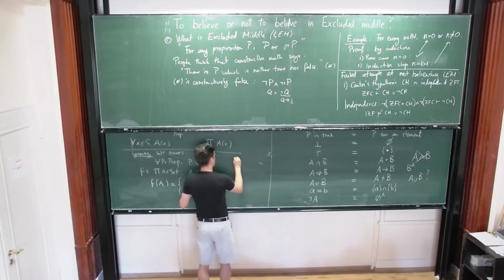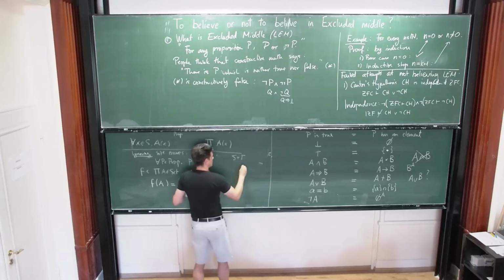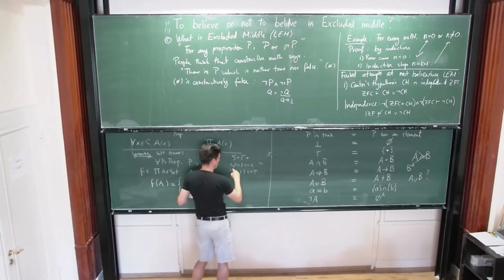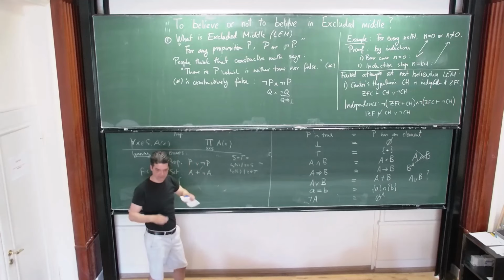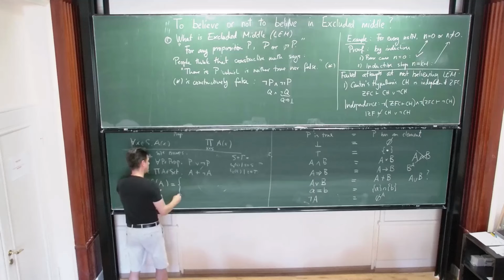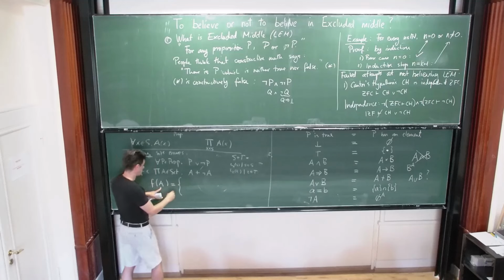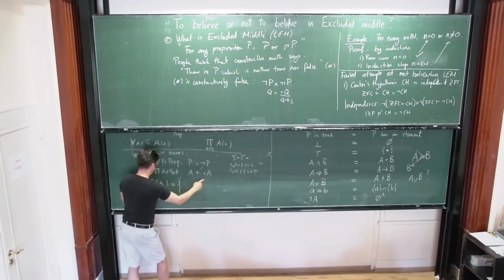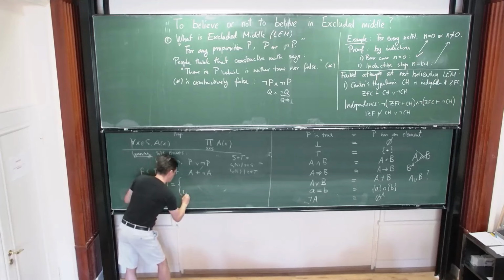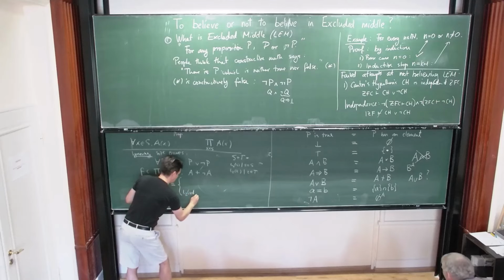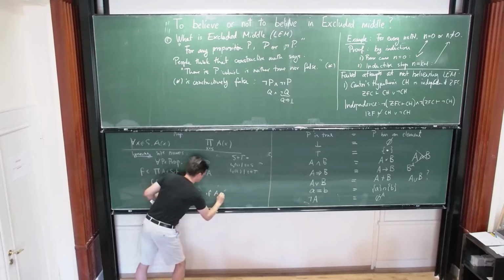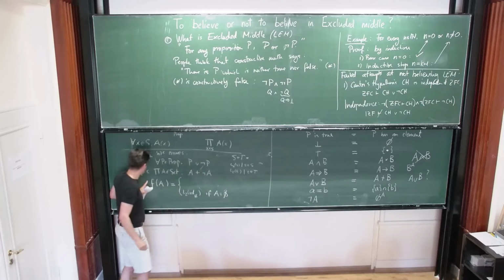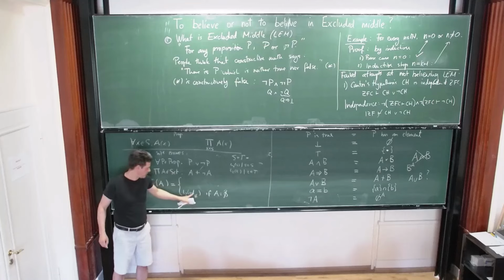When I have a coproduct of S plus T, let me write the elements as iota 1 of little s, if s is in S, and iota 2 of little t, if t is in T. So just to know where I'm tagging them with the canonical injections into the coproduct. So this is going to be, okay, the other one is easier. It needs to be iota 2 of the identity on the empty set if A is empty. Right? Because if A is empty, then we're going to go here and use the identity on the empty set.